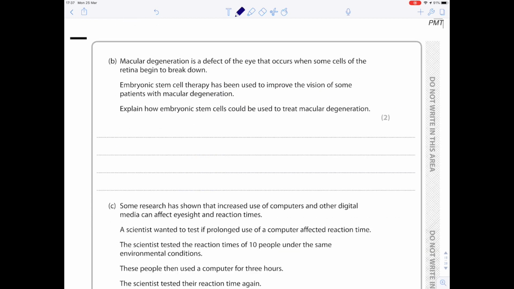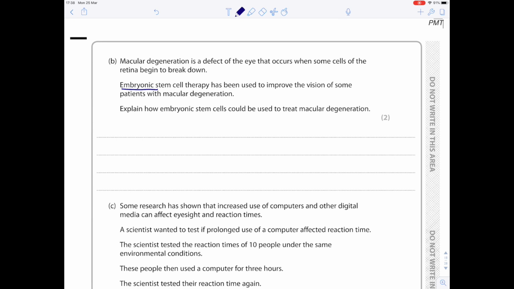B. Macular degeneration is a defect of the eye that occurs when some cells of the retina begin to break down. Embryonic stem cell therapy has been used to improve the vision of some patients with macular degeneration. Explain how embryonic stem cells could be used to treat macular degeneration. So the great thing about embryonic stem cells is that they're totipotent, which means they can turn into any other type of cell.